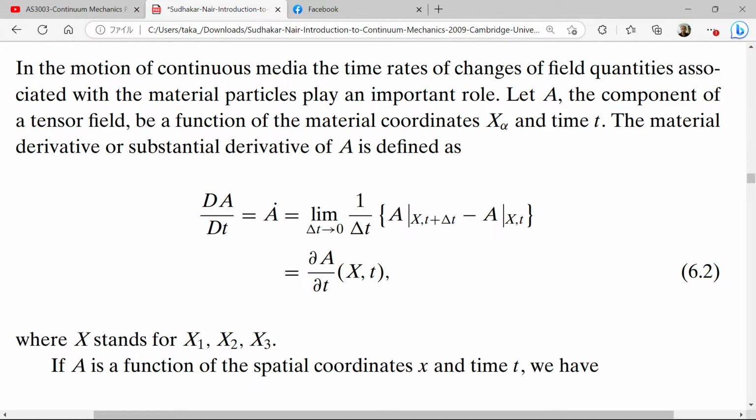Let A, the component of a tensor field, be a function of material coordinate X alpha and time t. The material derivative or substantial derivative of A is defined as this.